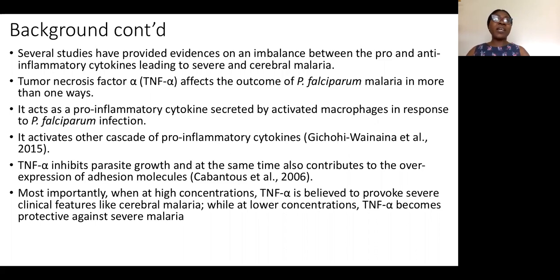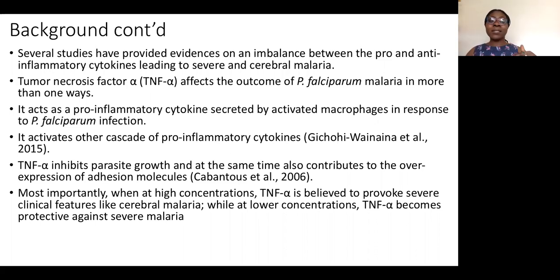In doing that, it also activates other pro-inflammatory cytokines. In other words, we say that it is seeking help or assistance from other immune cells to come and help it in clearing the infection. In doing that, it prevents the growth of the parasite, but it also acts as a double-edged sword.